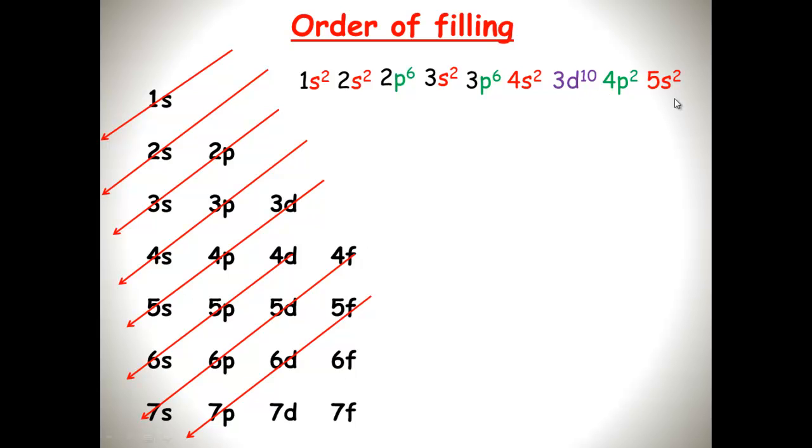Next, start at the top of the next line again. You've got 4d, 5p and 6s. Start at the next line. You've got 4f, 5d, 6p, 7s, and on it goes. You'll never really have to work out anything much past about 5p. But you need to know how to draw this.